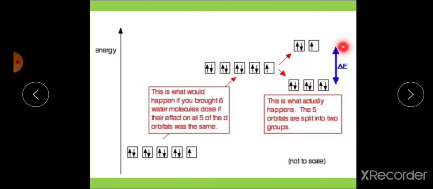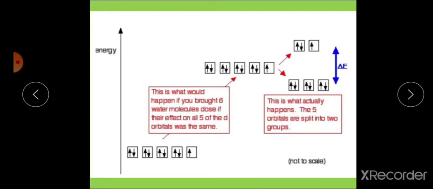The energy difference, that is delta E, between these two sets of d orbitals is called the crystal field splitting energy, that is CFSE. This delta E has a very small value, equal to the energy of electromagnetic radiation in the visible region, that is delta E is equal to h nu.